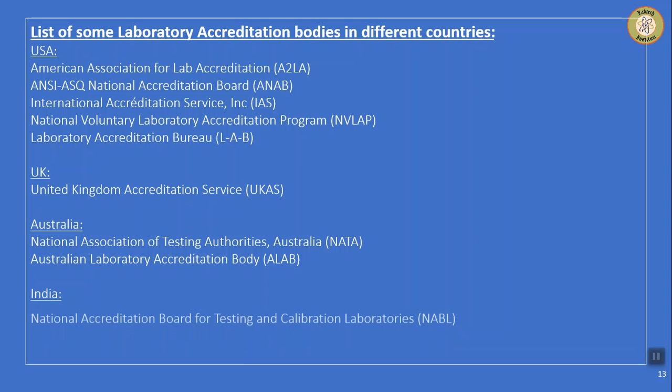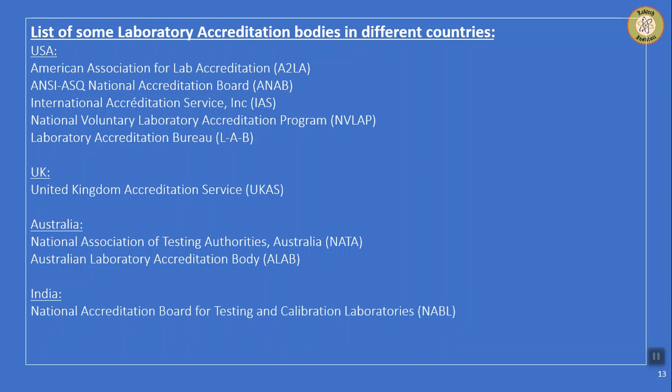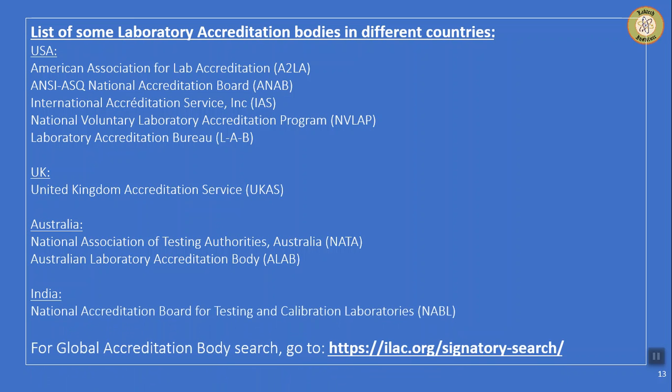And in India it is NABL, National Accreditation Board for Testing and Calibration Laboratories. If you visit the ILAC website for the signatory search, you will get to know what accreditation bodies are presently available in what region, and what their scope is with respect to the 5 standards which we have discussed.